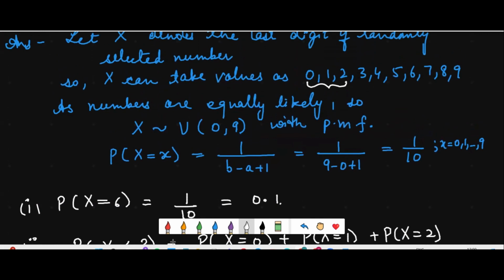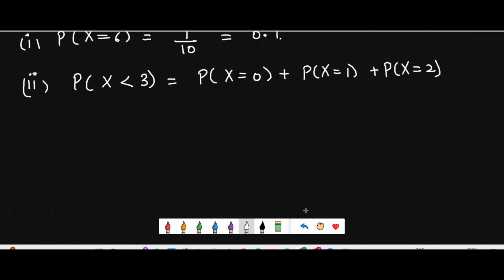So that's why we are taking their sum. So again, the probabilities are the same. So it becomes 3 upon 10. That's 0.3. So that's pretty easy.